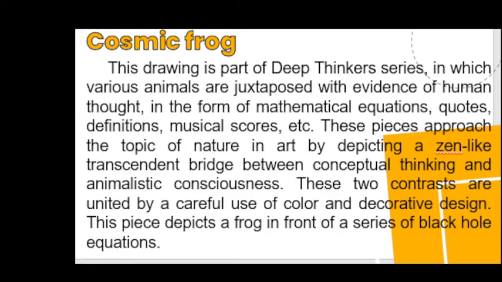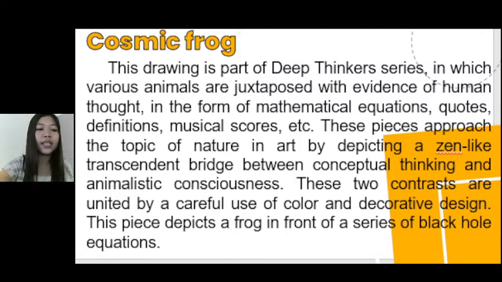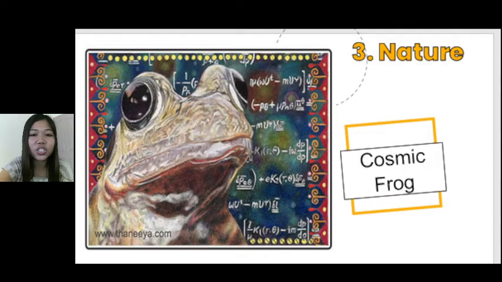So these two contrasts are united by a careful use of color and decorative design. This piece depicts a frog in front of a series of black hole equations. As you can see here in the pictures, there are a lot of mathematical equations.